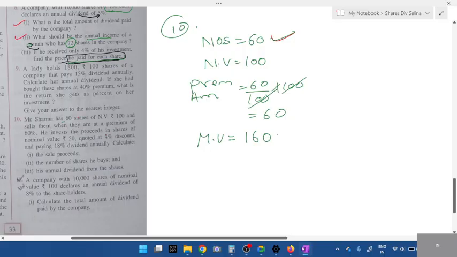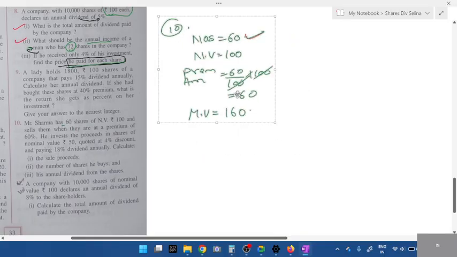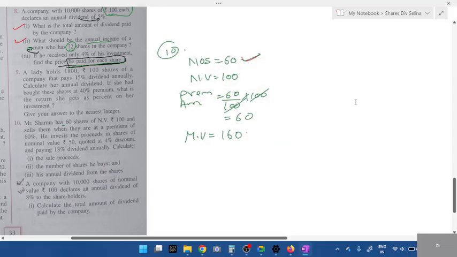He invests the proceeds in shares of nominal value. So is this company 1 or 2? In company 1, he has 60 shares. How much is he going to sell them for? 160. That is known as his sale proceeds.